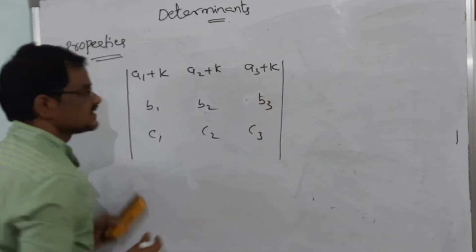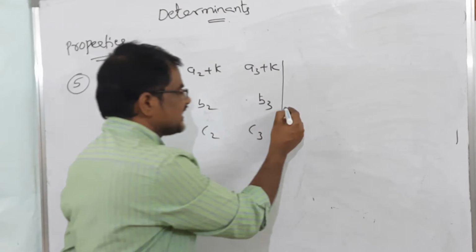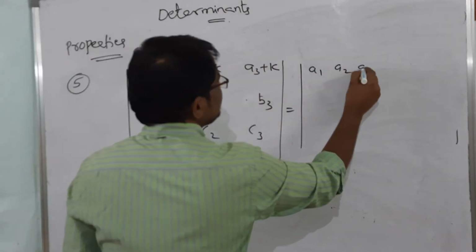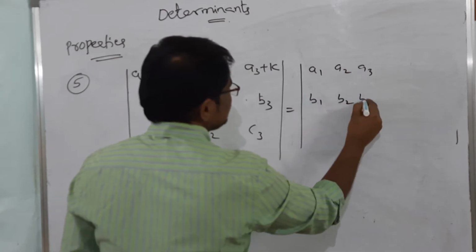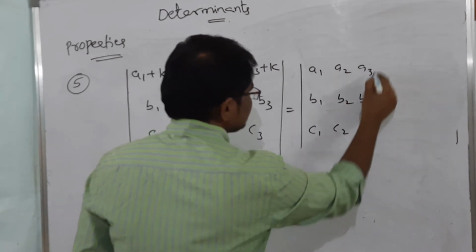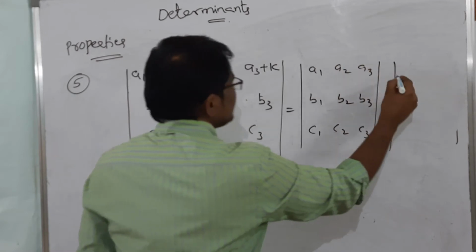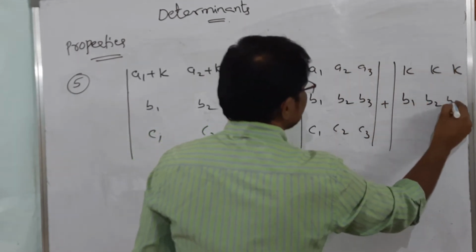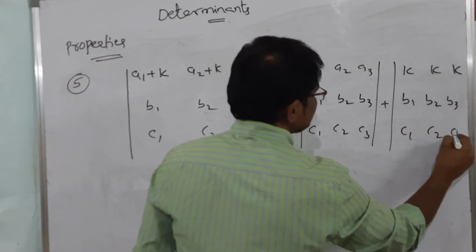You can write this as the determinant a1 a2 a3, b1 b2 b3, c1 c2 c3, plus the determinant k k k, b1 b2 b3, c1 c2 c3.